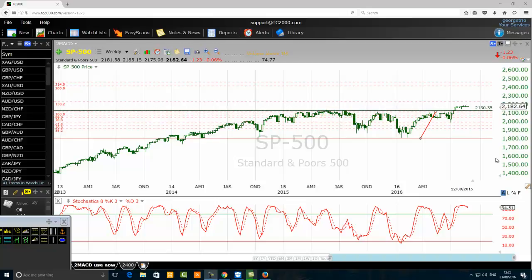Today we want to discuss how to swing trade using a bullish stochastic pattern. We're on the weekly chart, and we can see here a bullish stochastic pattern.